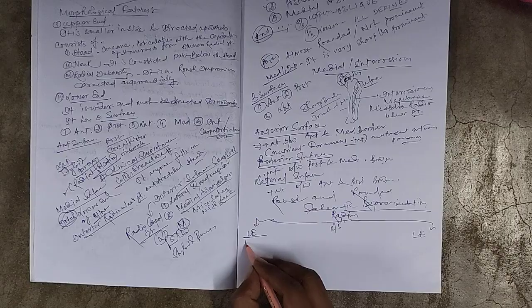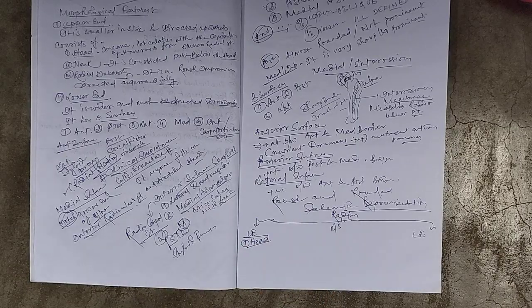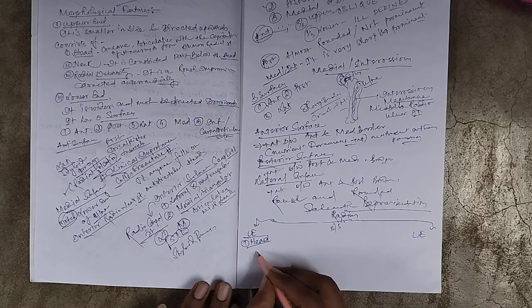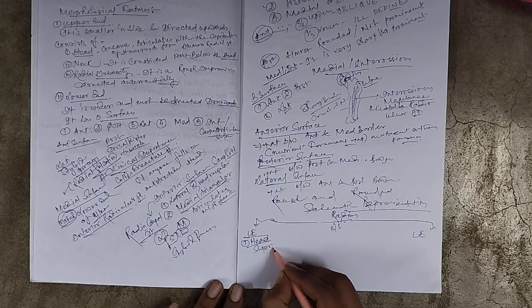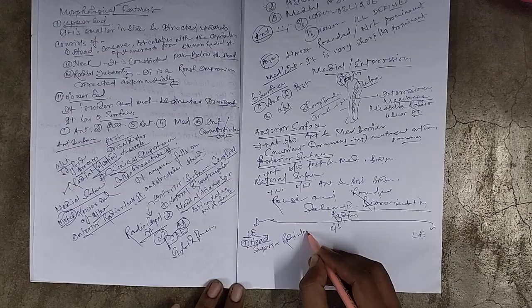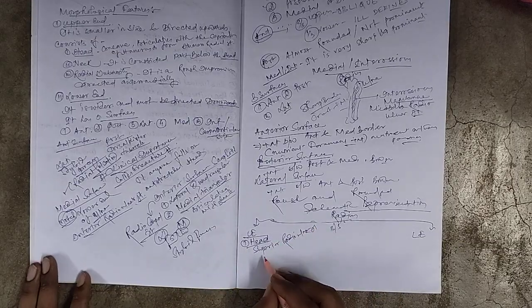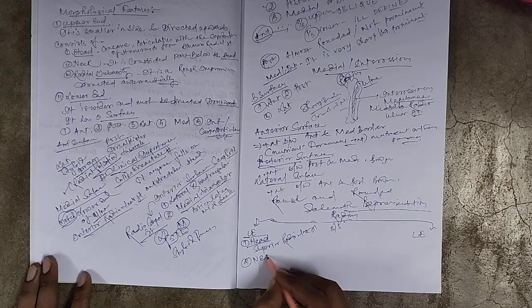In case of upper end there are three parts. One is the head, which is a small globular head, and it articulates with the upper end of the ulna and forms the superior radioulnar joint. Here one joint is present, that is superior radioulnar joint. Then comes the neck and then radial tuberosity.